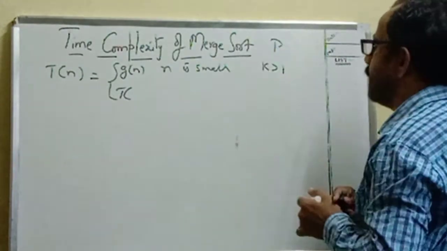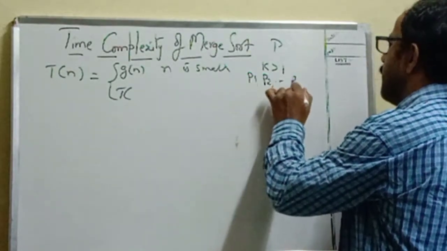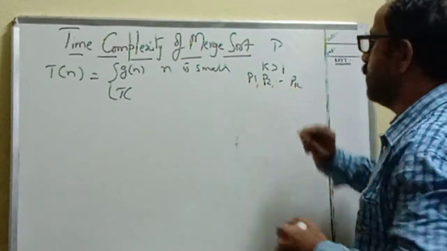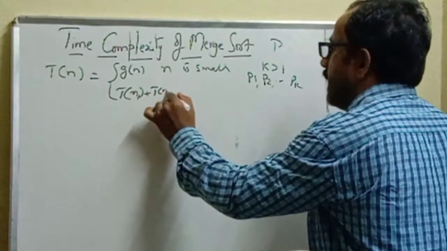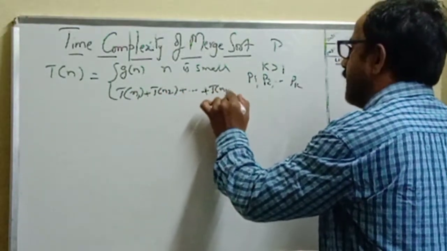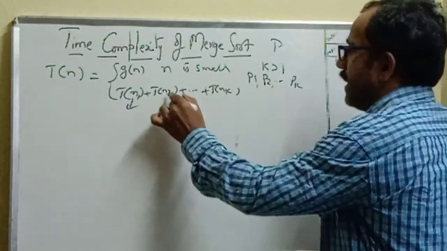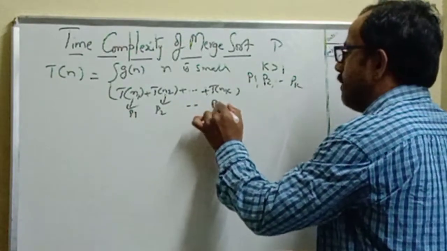Suppose the problem is P, then we divide the problem into P1, P2, and so on up to Pk sub-problems. Each sub-problem has its own size. Like that, I can write T of n1 plus T of n2 plus so on up to T of nk, where n1 is the number of elements in P1, n2 is the number of elements in P2, and so on, nk is the number of elements in Pk.